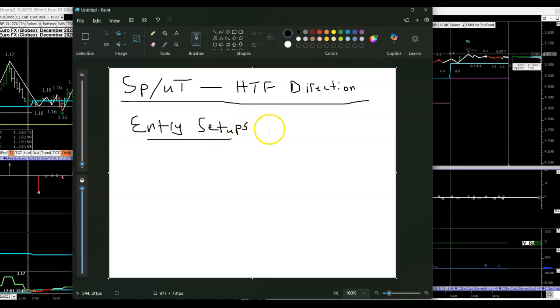An entry setup is just a way of getting in. You do not know if it's going to work.